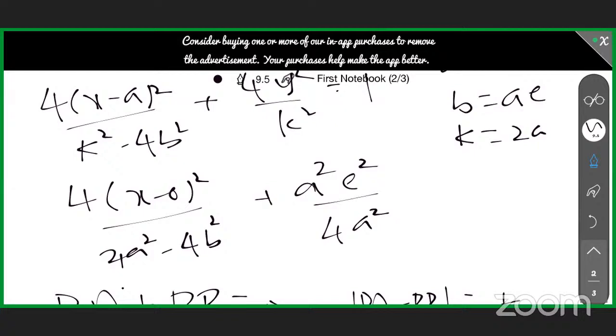The 4 cancels, a square cancels. Here also 4 is there, I'll take the 4 common, so the 4 cancels.